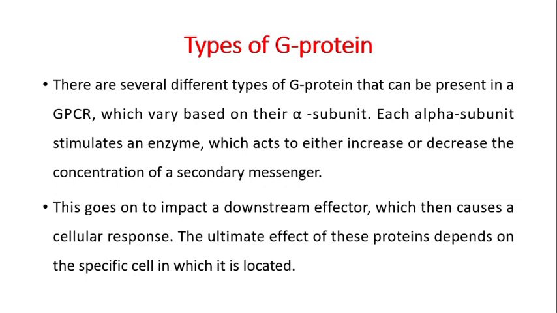Each alpha subunit stimulates an enzyme which acts to either increase or decrease the concentration of the secondary messenger. This goes on to impact a downstream effector which then causes a cellular response. The ultimate effect depends on the specific cell in which it is located.